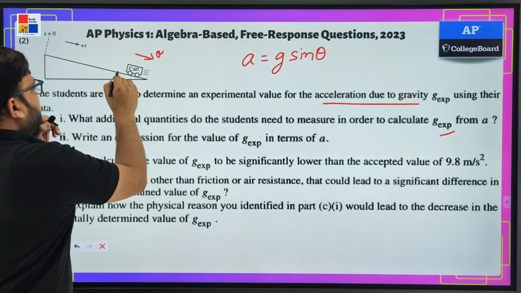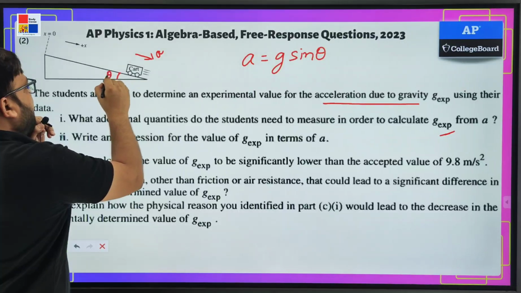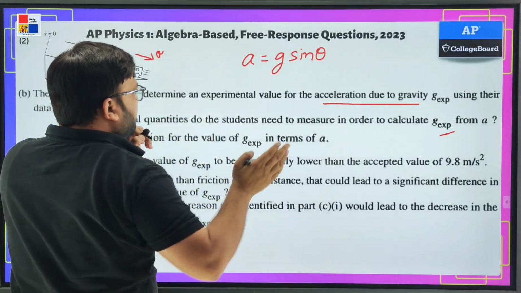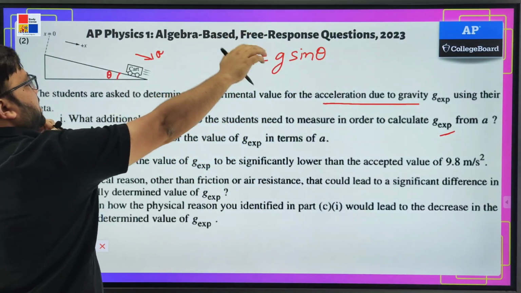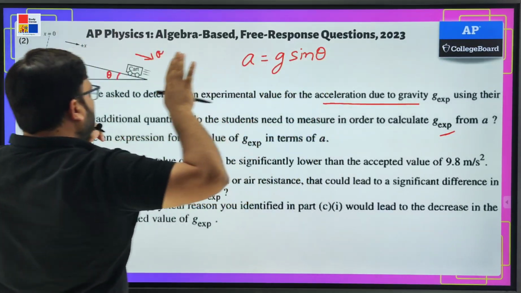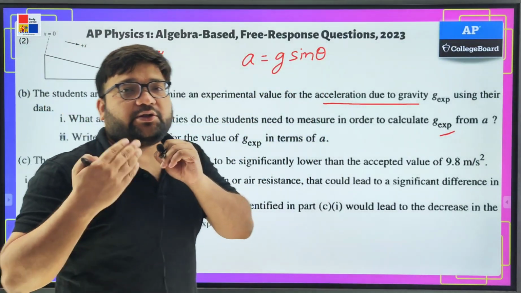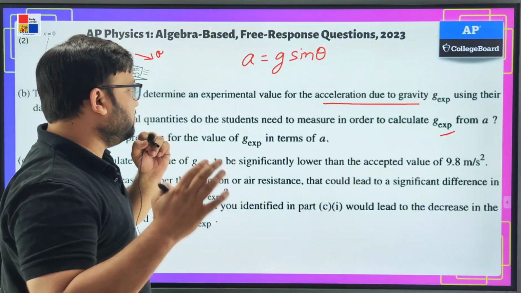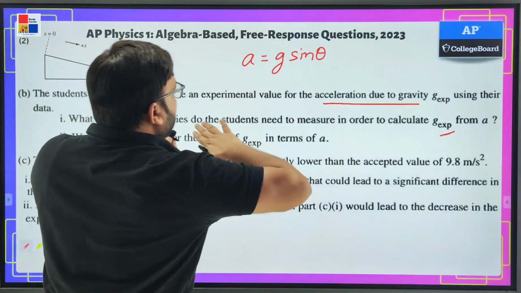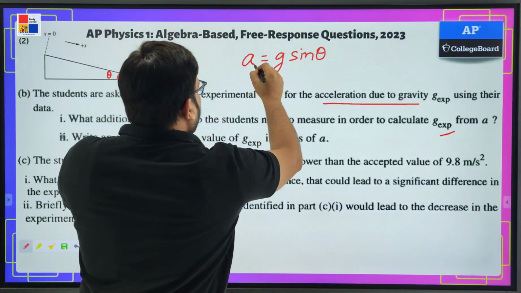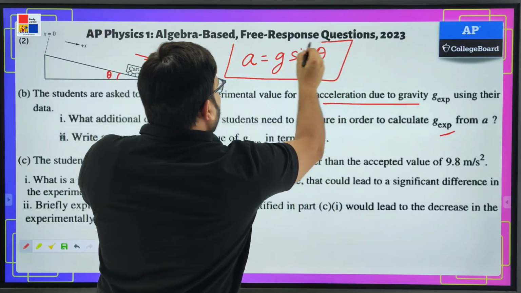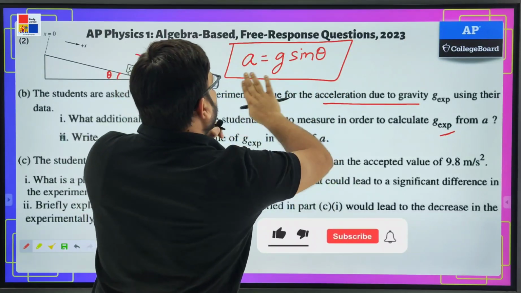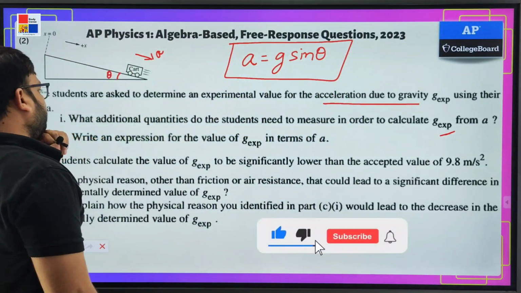If theta be this angle, the angle of the inclined plane, A has to be g sine theta theoretically if there is no friction, aeration, and these things. So if we ignore aeration, friction, and other things, A has to be g sine theta, right?